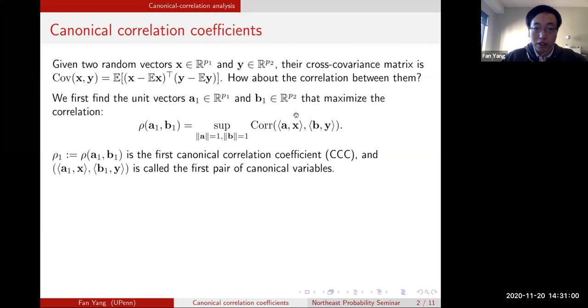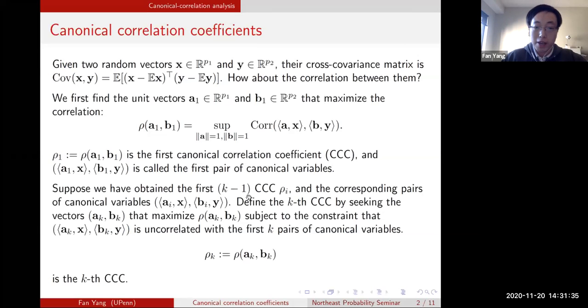We define the canonical correlation coefficients by projecting the random vectors X and Y onto directions given by unit vectors A and B, and call this the correlation between X and Y along directions A and B. Then we find the unit vectors A1 and B1 that maximize this correlation, and call the maximum the first canonical correlation coefficient. This pair of random variables is called the first pair of canonical variables.